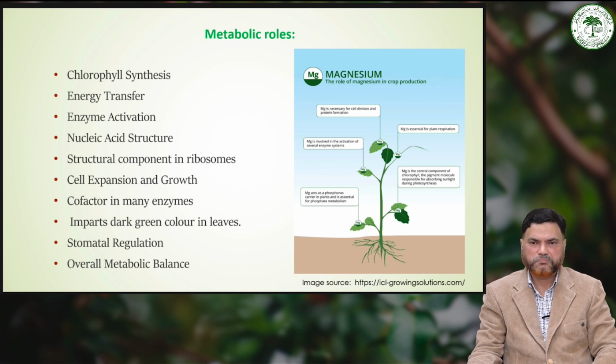In addition to its role in chlorophyll, magnesium acts as an essential enzyme cofactor, facilitating the production of adenosine triphosphate, that is ATP, which serves as the primary energy currency within the cells. We have gone into the details.